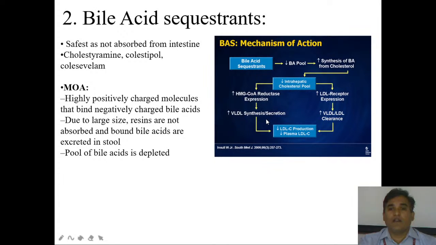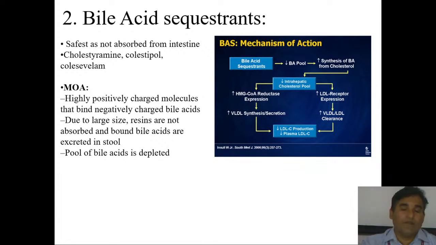Further, it produces more bile, and that gets sequestered and passed out in the fecal matter. LDL receptor expression increases, and therefore LDL-mediated VLDL and IDL clearance occurs, and ultimately plasma LDL level and other lipid levels also decrease.